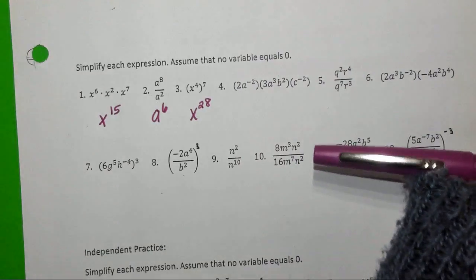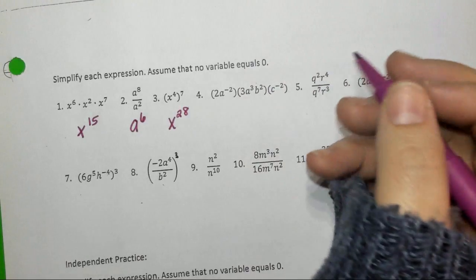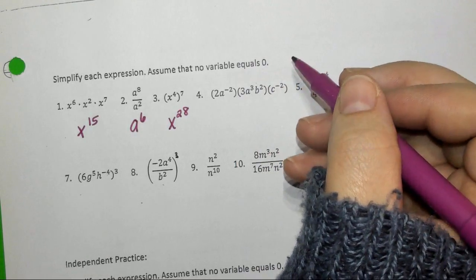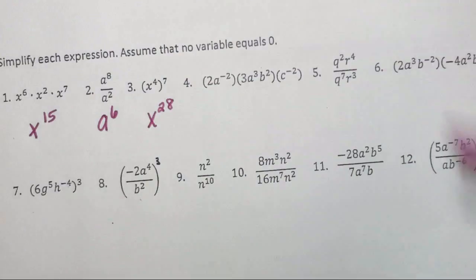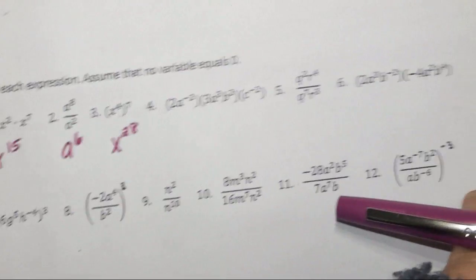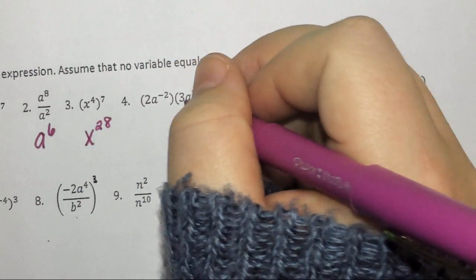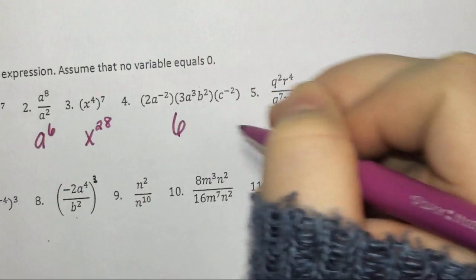Number 4. Well, 2 times 3 times 1 is still just 6.